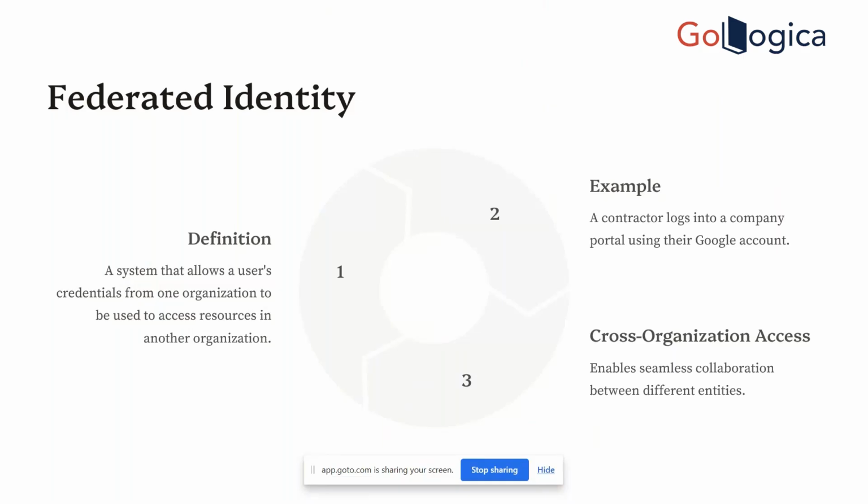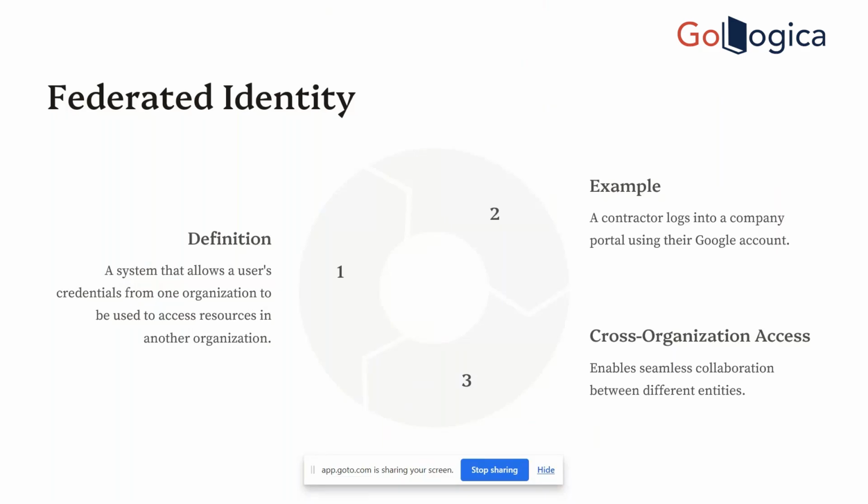Say there are two organizations, and the person wants to access certain resources from the other organization. How is that done? This is what we call federated identity. Identity moves from one domain to another domain, and the user has accessibility there, like a contractor logging into a company portal using their Google account.